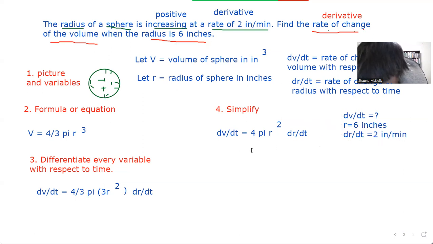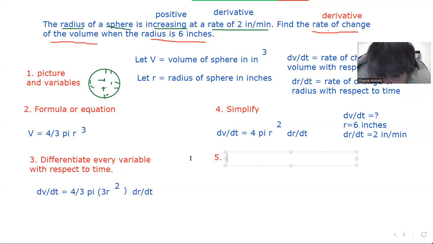So it's just about plugging it in here. Step 5, I'm going to set it up, plug everything in, and solve it.